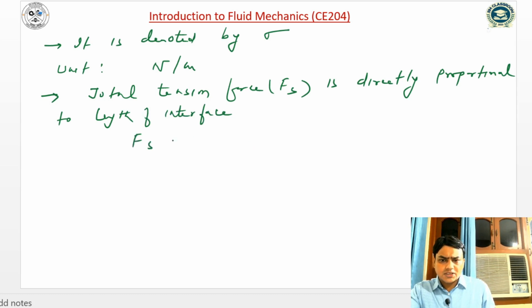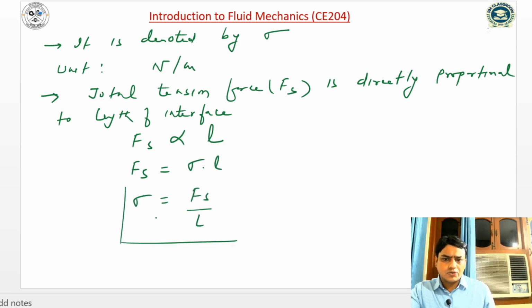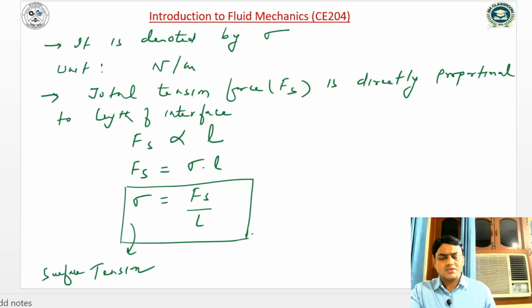So we can write Fs is directly proportional to L, where Fs is the tension force. Removing the constant of proportionality, Fs equals sigma into L. So sigma equals Fs divided by L. That's why I told you that surface tension is force per unit length, or the tension force is sigma into L, where sigma is the surface tension.